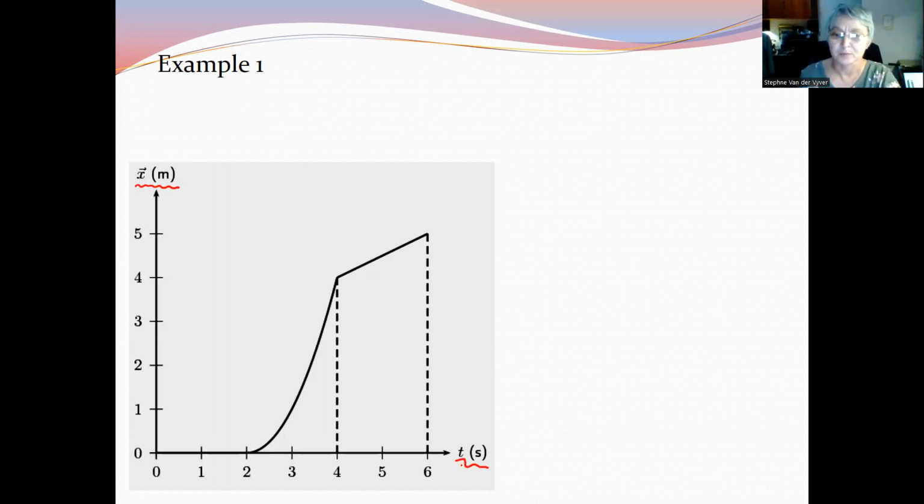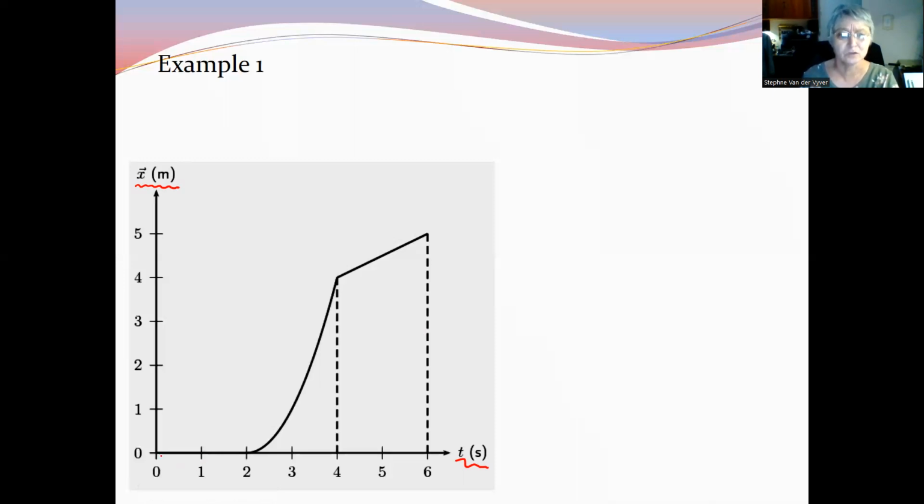Now, there are three types of motion. First is that the object can be stationary. Second is that the object could move at a uniform velocity or a constant velocity for that matter. And thirdly, the object could be accelerating uniformly.